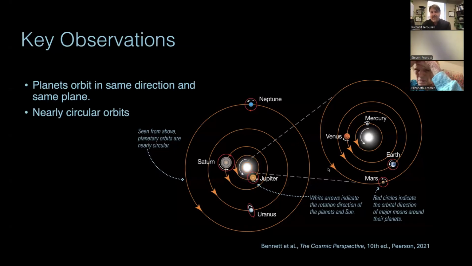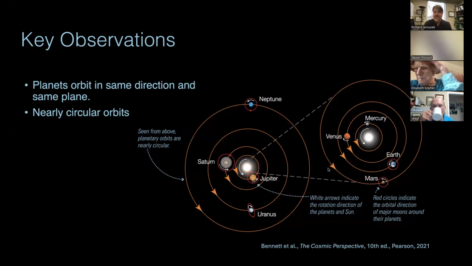Okay, so if we look at some of the observations that tell us how our solar system formed, one of the key observations is that the planets are all orbiting in the same direction around the sun, nearly in the same plane, with exceptions like Pluto, which is inclined by about 17 degrees.